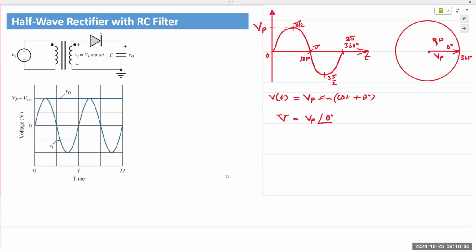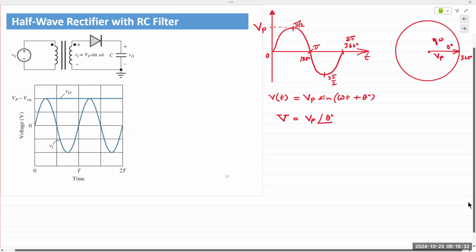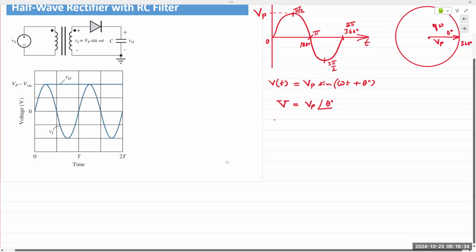Now, when we have our input waveform or half wave, I'll draw this down right here.